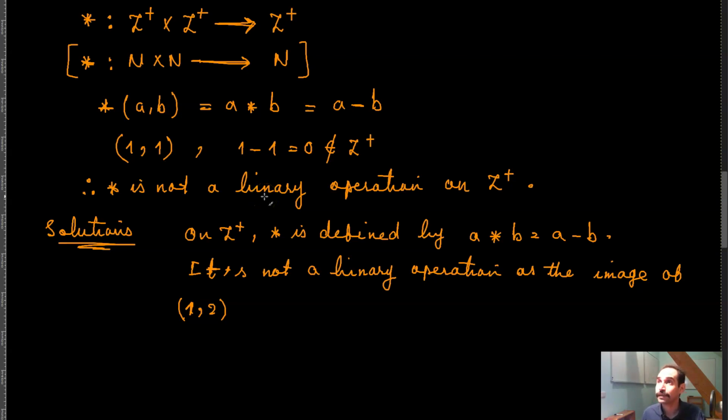So the image of 1, 2 under star is 1 star 2, which is equal to 1 minus 2, which is equal to negative 1, which does not belong to Z plus. And that is basically the reasoning.